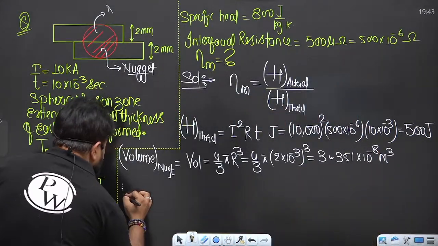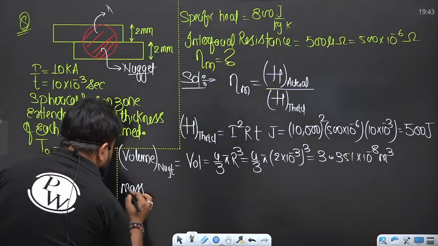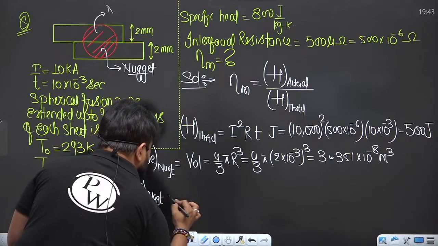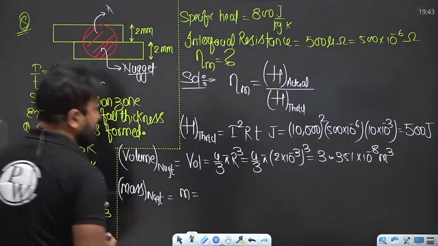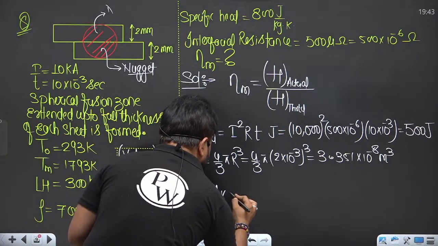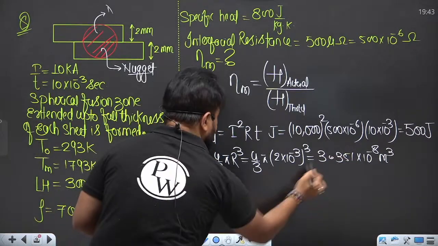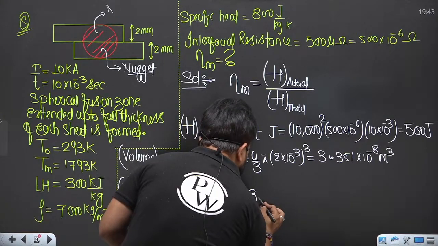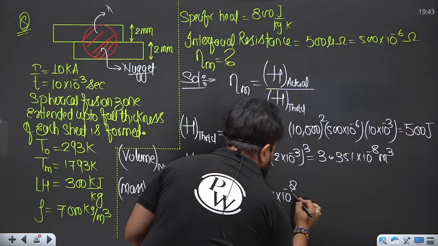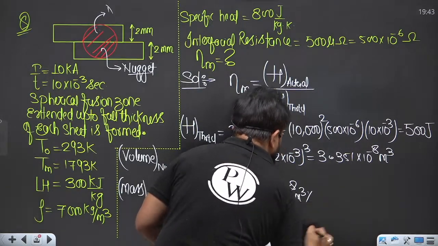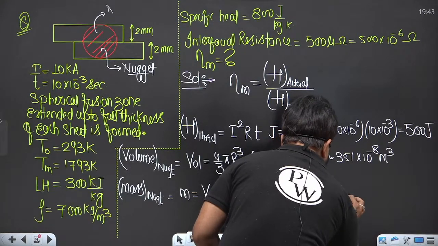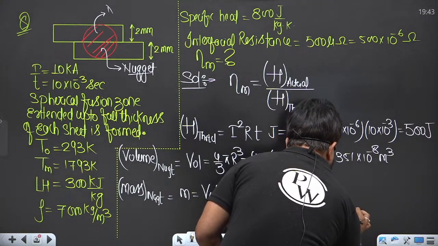Now mass of nugget. I can write M. What is the mass of the nugget? That will be volume into density. Volume is there, that is 3.51 into 10 to the power minus 8 meter cube into 7,000 kg per meter cube.